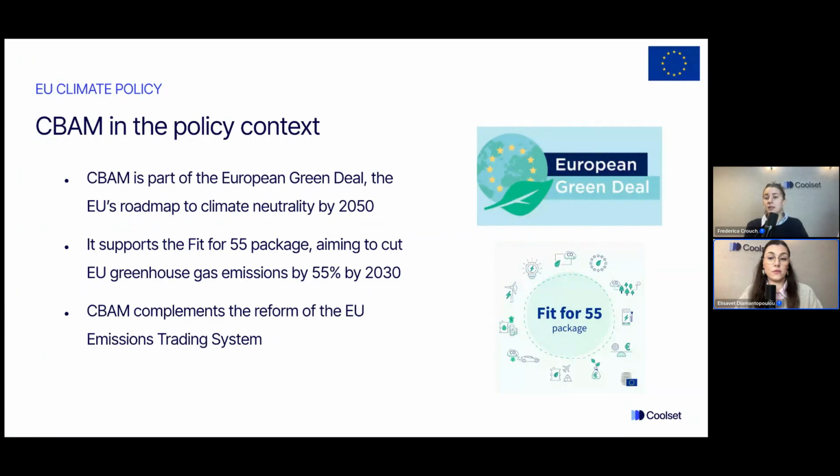The EU ETS was a crucial part of decarbonizing within Europe, and CBAM is now the mechanism that prevents this carbon leakage and ensures that we're staying on track to reduce our emissions. They're designed to work together to drive decarbonization within Europe, but also set that global precedent for climate neutrality across the globe.